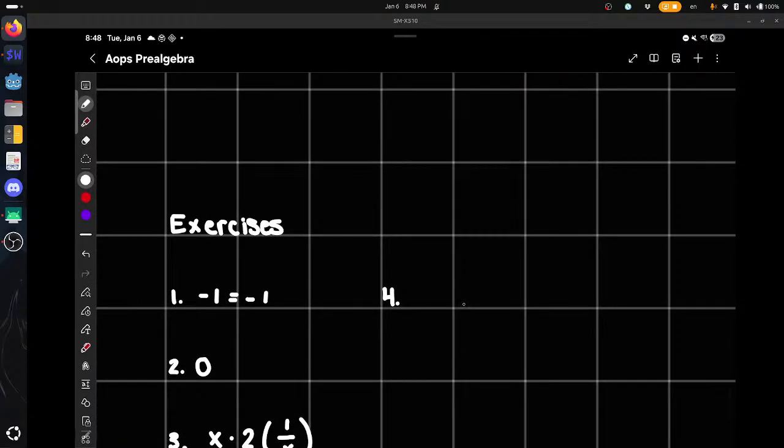Multiply the negation. Huh? Okay. There's another word problem. Multiply the negation of a positive number by the reciprocal of that same positive number.